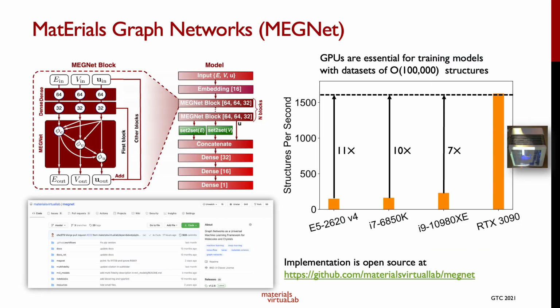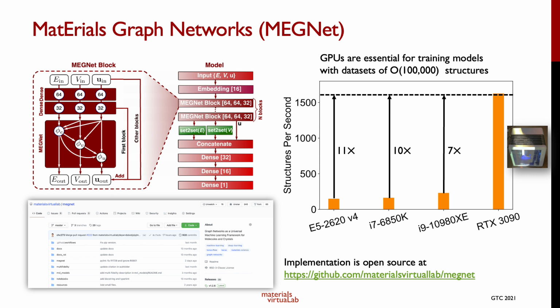Now, the nice thing about graph networks is that this is a very modular approach to developing machine learning models, right? So we have developed what is known as materials graph networks, which is in essence an adaptation of graph networks for materials science. We can think of each of those three-step update processes as what we call a MEGNet block.